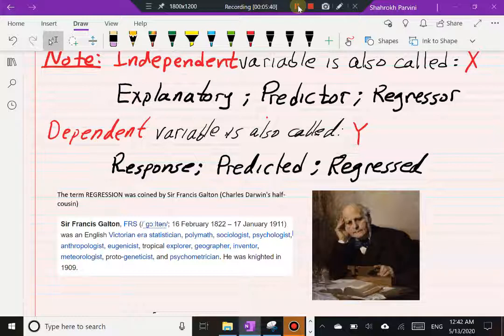Then he coined the phrase regression to mediocrity, reversion to the mean, or regression to the mean of the data of the dependent variable. Again, you can read about it, and it's a very interesting story.